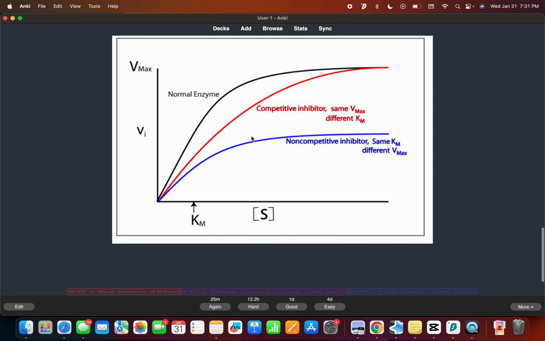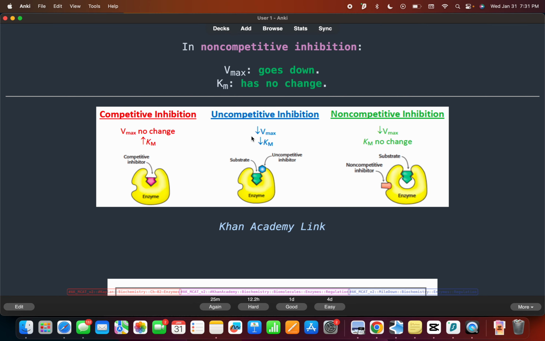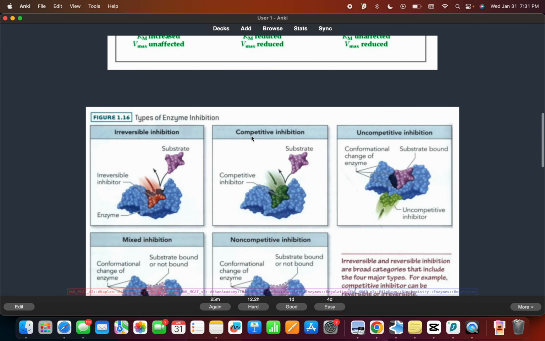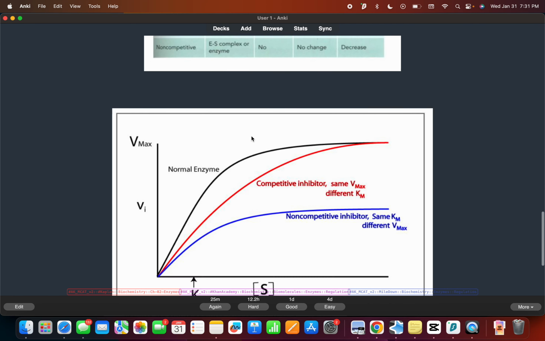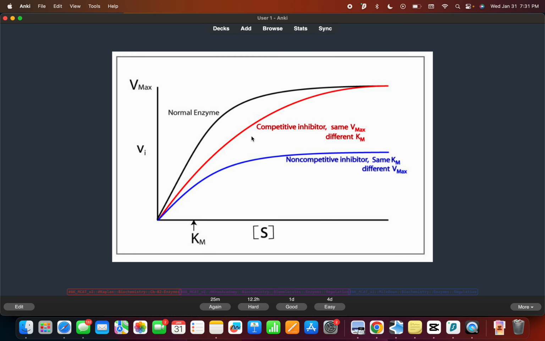And this plot, the Michaelis-Menten plot, the inhibitor lines here are actually going lower. The normal enzyme looks like this.